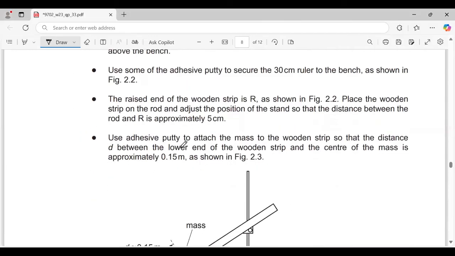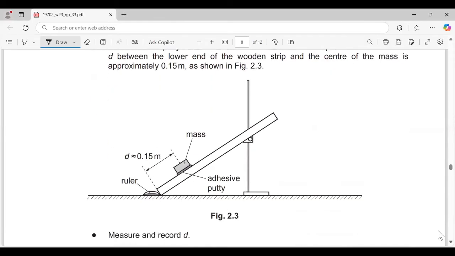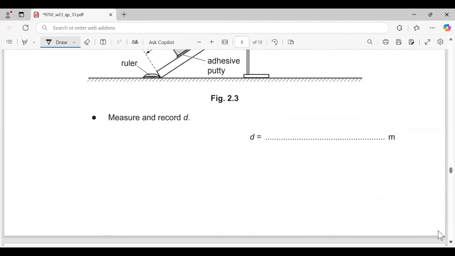Use adhesive putty to attach the mesh to the wooden strip so that the distance D between the lower end of the wooden strip and the center of the mesh is approximately 0.15 meters, as shown in figure 2.3. So, measure and record D. Of course, D is 0.15 meters.